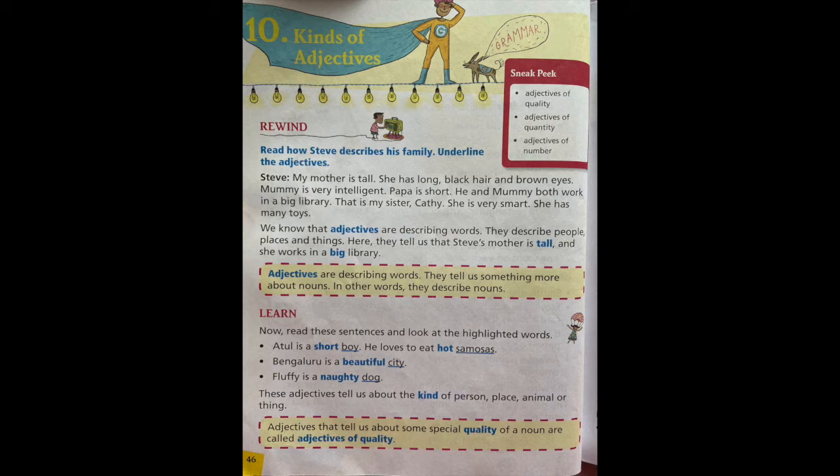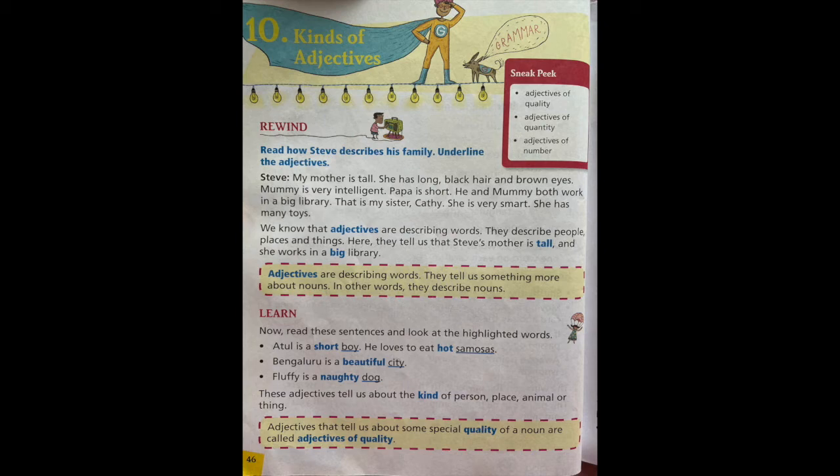So these adjectives that are in blue color, what are they saying? They are telling us what kind this person or thing or animal or place is, right? Short, hot, beautiful, naughty. What kind they are. So these adjectives, as they tell us about the kind, are called adjectives of quality.